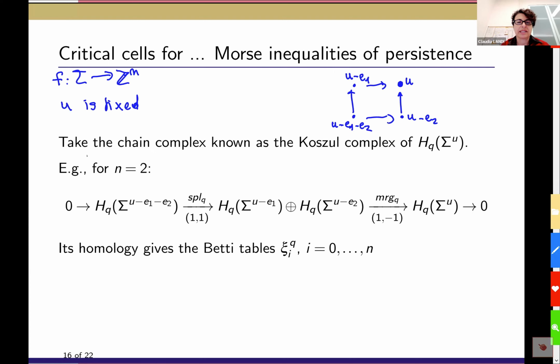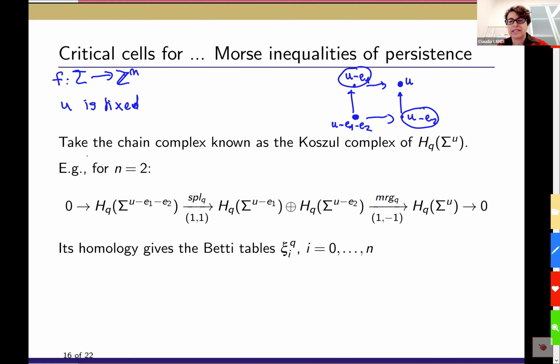And from this, we can build this chain complex, which is called the Koszul complex, where the first map is from here to the direct sum of what I have here and what I have here. And this is called the split map.